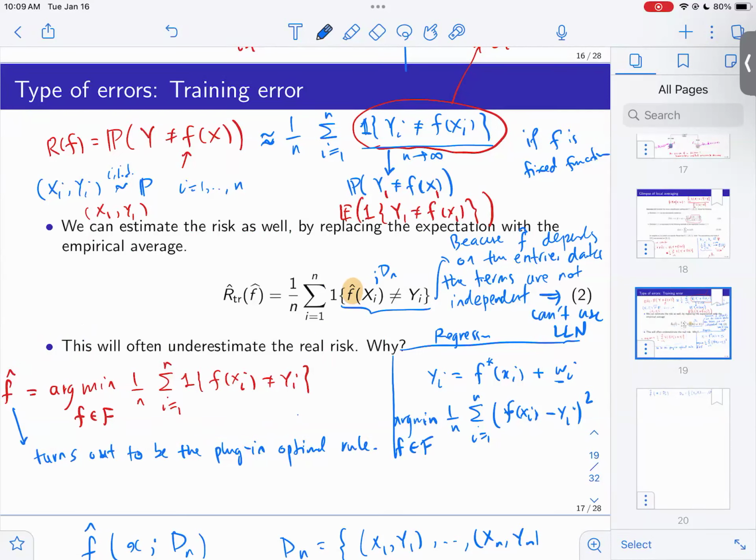Try to argue why this is. You can just think of this as, if you want, you write this p hat of f of x_i not equal to y_i, where this p hat is my estimate of the joint.